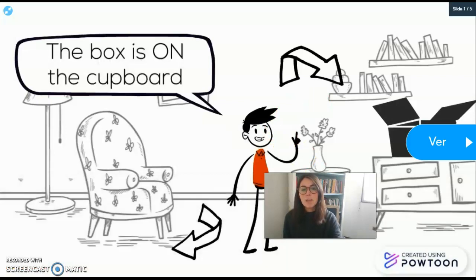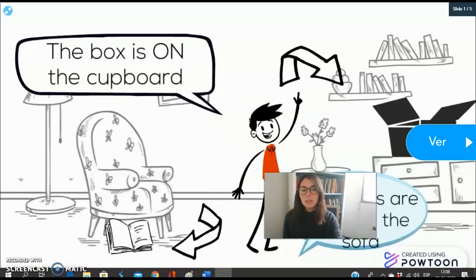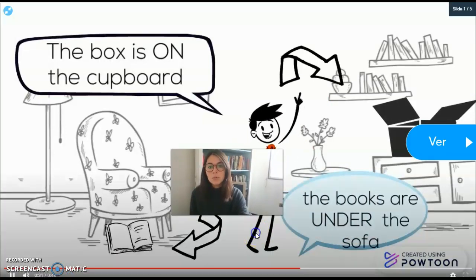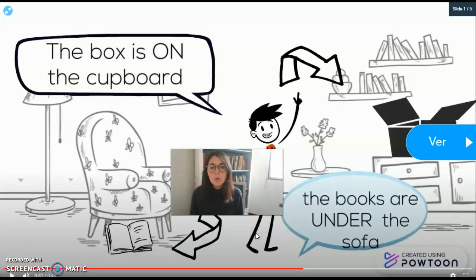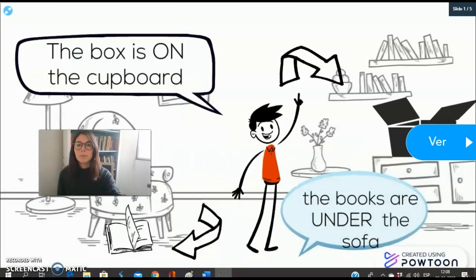Good job. And then we have over here books, or one book. There is a book under the sofa, right? It's under the sofa. We have the sofa there, and the book is under the sofa. There you go.